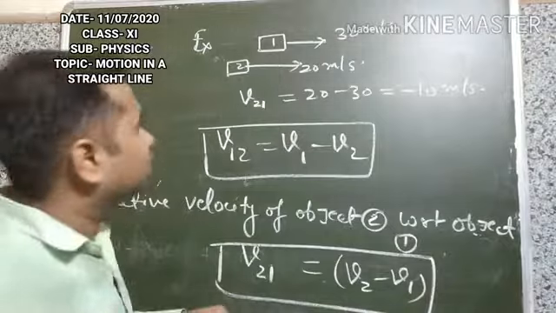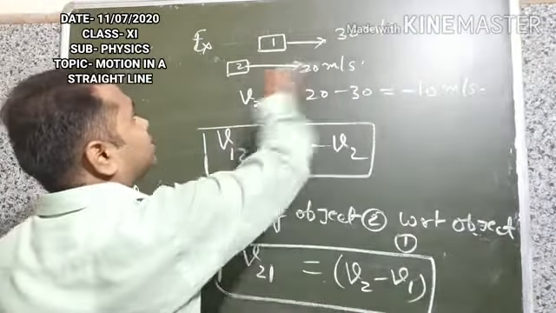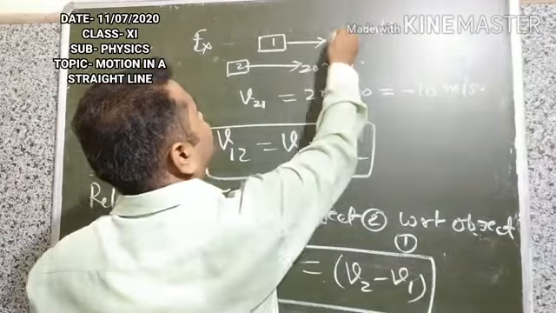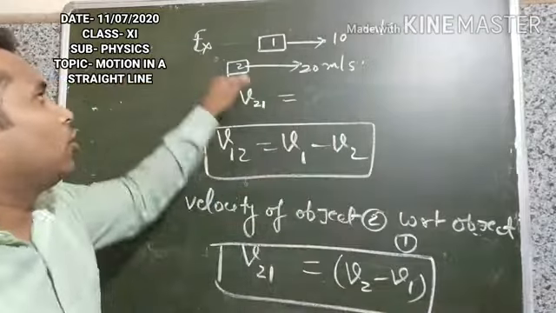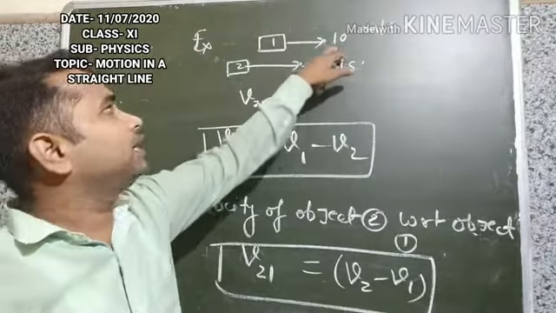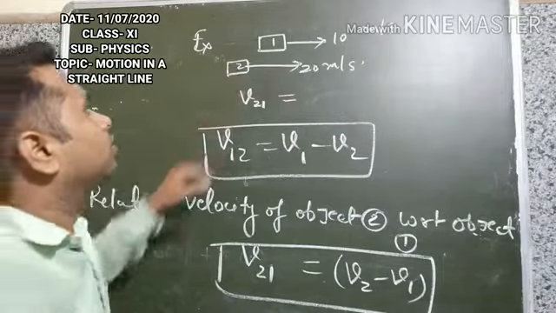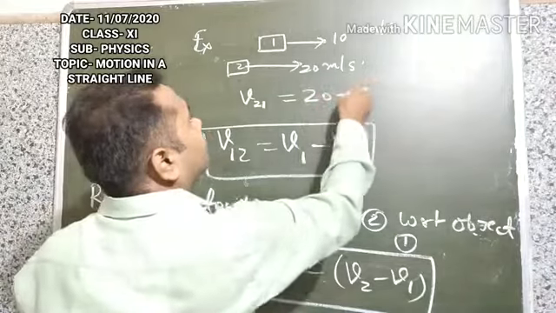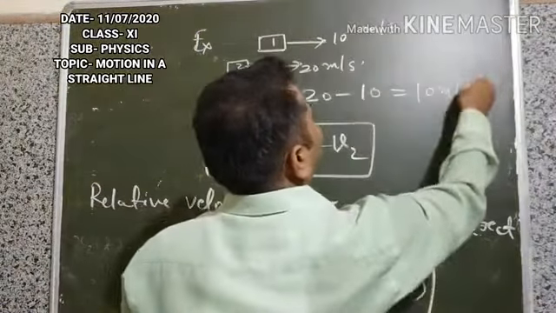First thing, for crossing the first, the second should have more speed than the first. So suppose this is 10 and now this is 20. If the second object is behind the first and has to cross it, it should have more speed than the first. So now see here again, v21 equals 20 minus 10, it is equal to 10 meter per second.